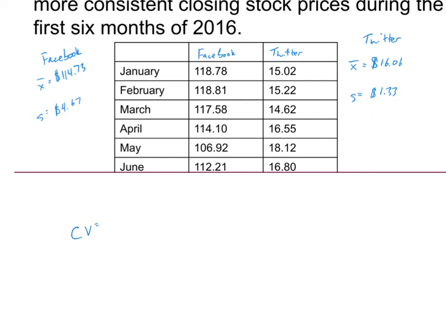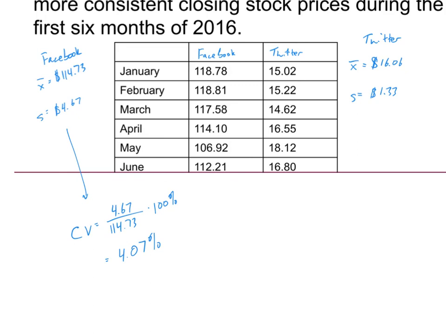So if I want the coefficient of variation, CV, for Facebook, it is the standard deviation, 4.67, divided by the mean, 114.73, times 100%. Facebook's coefficient of variation is 4.07%.